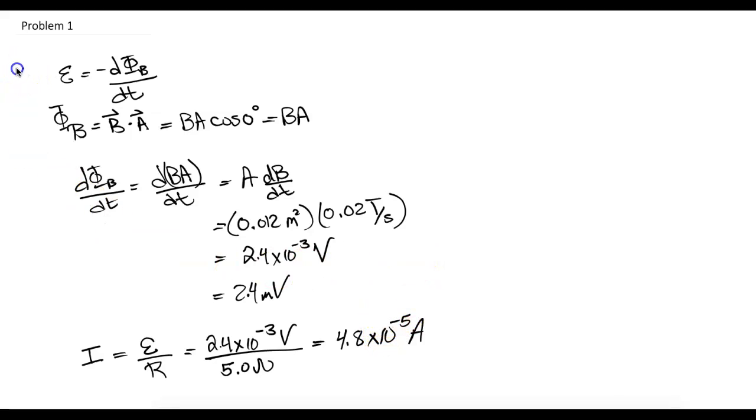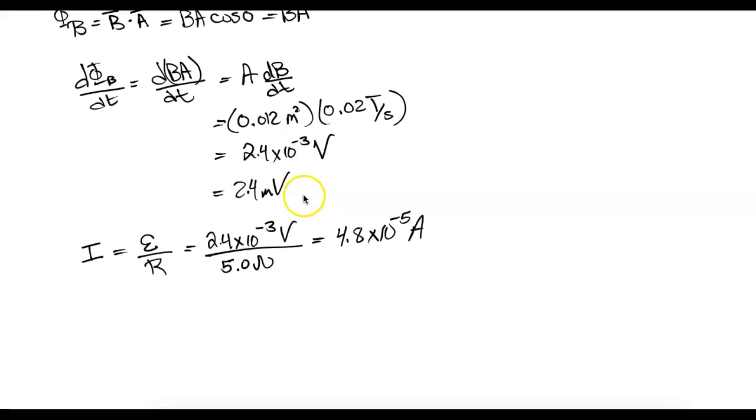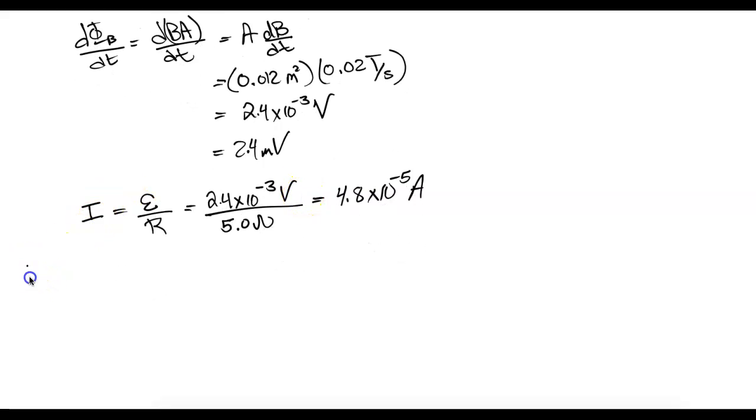And then if we look at part B, we see that the resistance will become higher if we change the loop to an insulated loop.